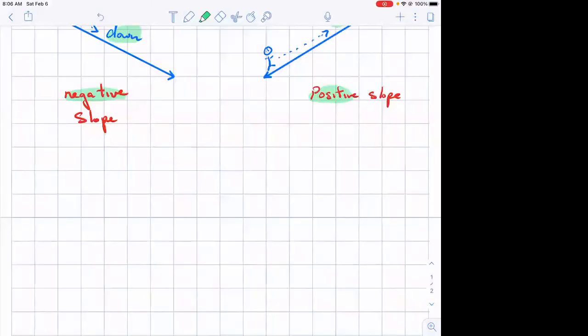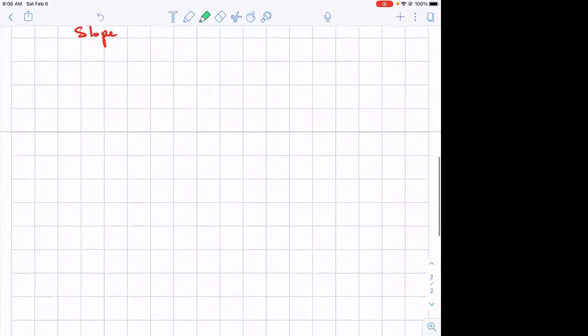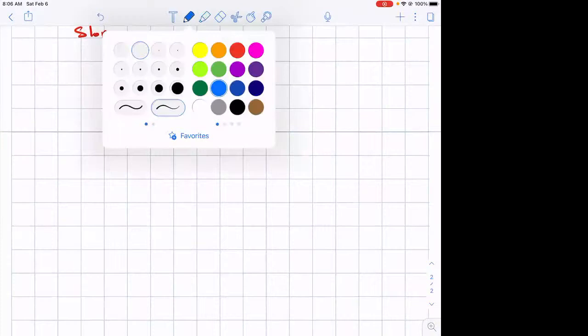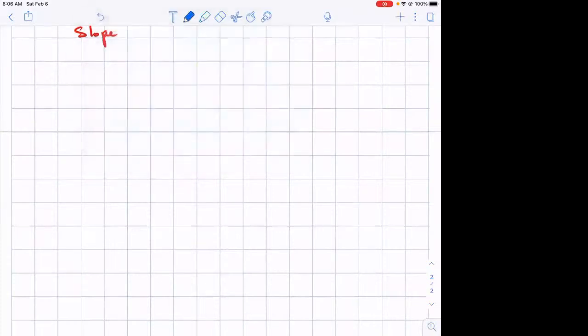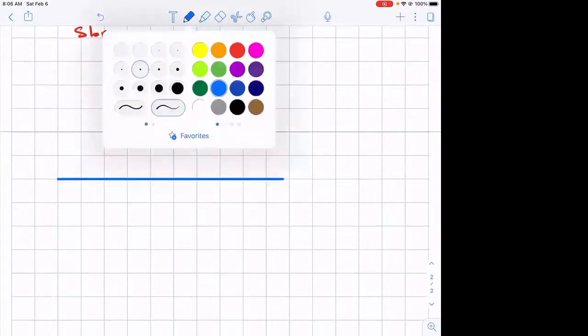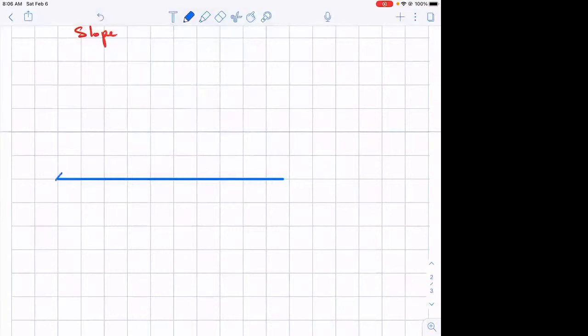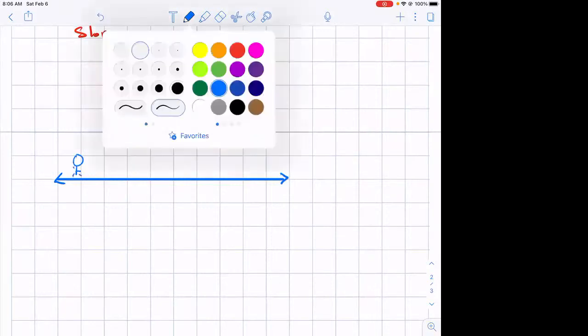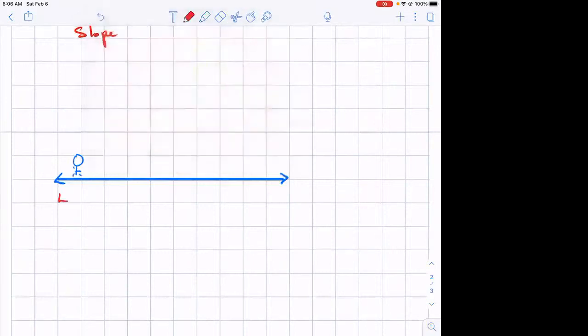In addition to the left or right, we can also have a line where if you walk along that line, you don't go up or you don't go down as you travel from left to right. And when you don't go up or you don't go down, we say that the slope is 0.